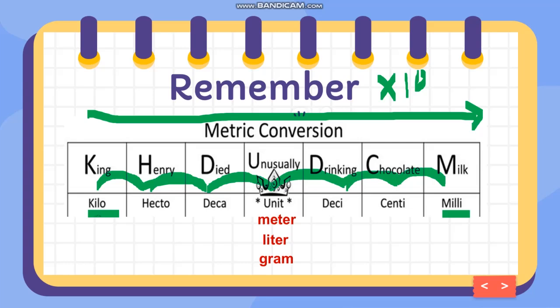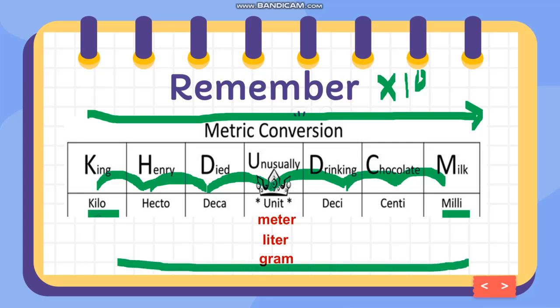Okay? Another one is if you're going to convert from smaller unit to bigger unit, like for example, from millimeter to centimeter or millimeter to decimeter, millimeter to kilometer, that is divided by 10 every unit movement.